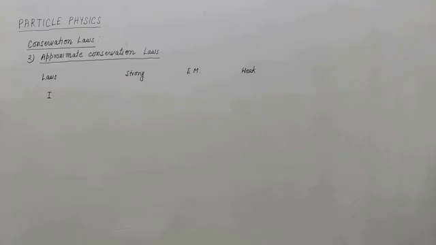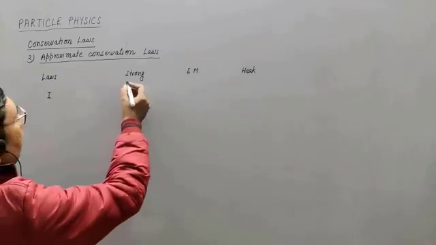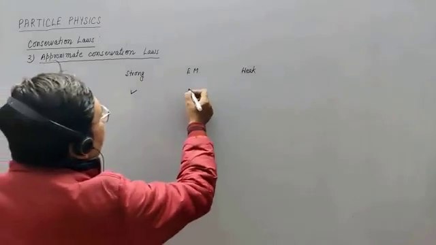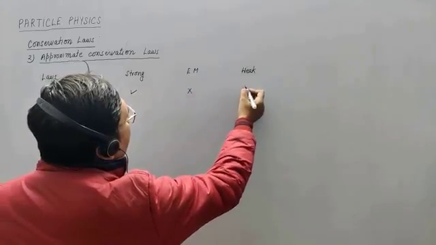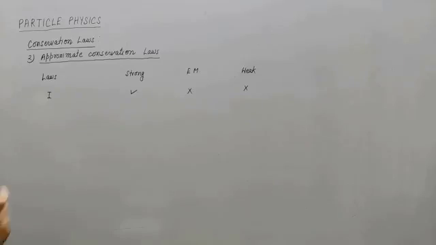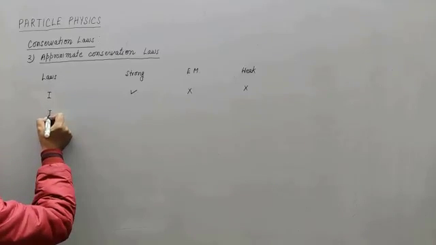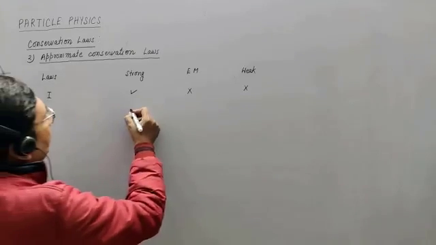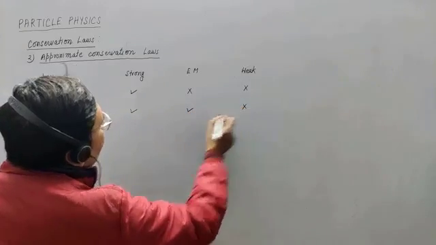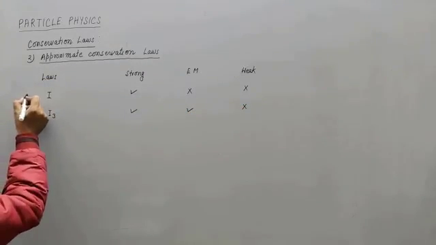It will be conserved in case of strong interaction. But in case of electromagnetic and weak interaction, it will be violated. But I3 will be conserved in strong and electromagnetic interaction, but it will be violated in weak interaction.